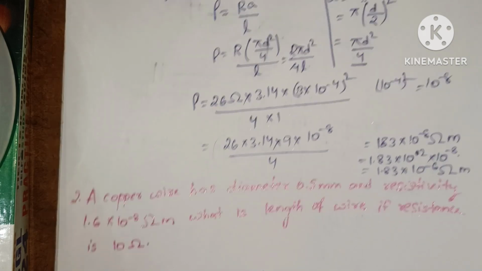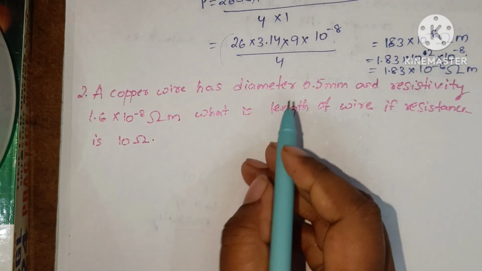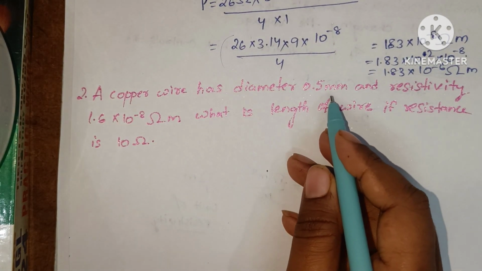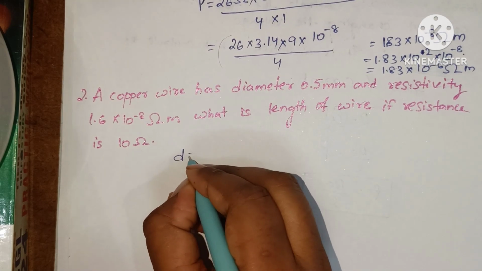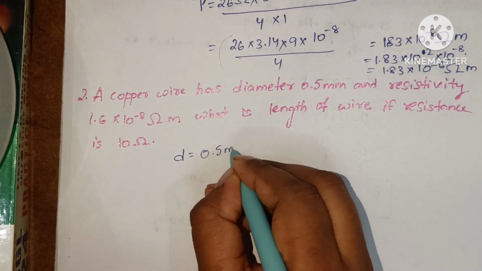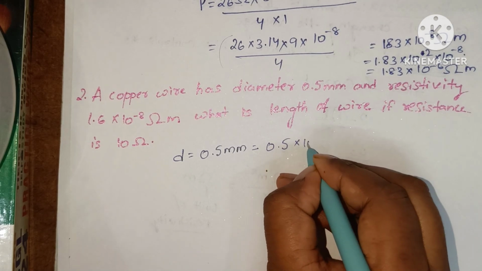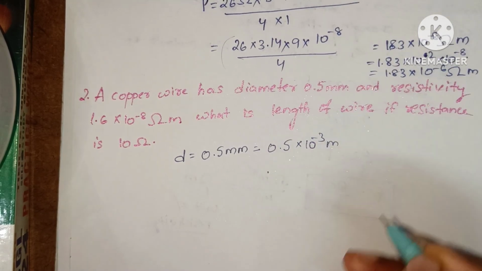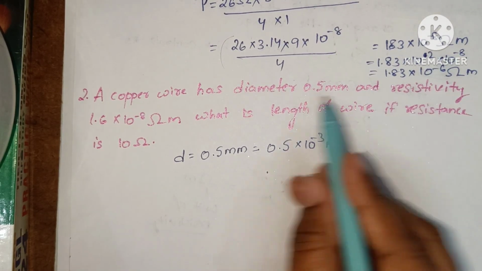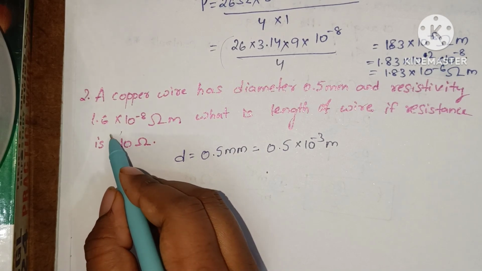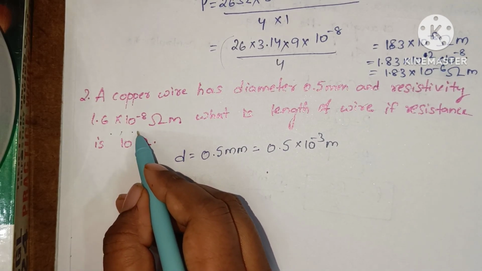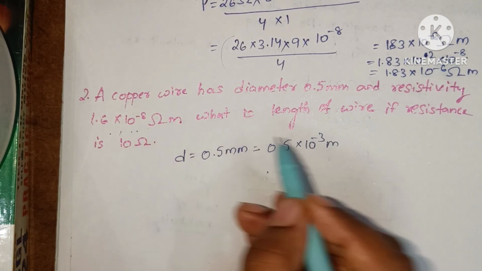Okay, next sum. A copper wire has a diameter of how much? 0.5 millimeter. That means D equals 0.5 millimeter equals 0.5 into 10 power minus 3 meters. Next, what he gave? Resistivity is 1.6 into 10 power minus 8 ohm meter.